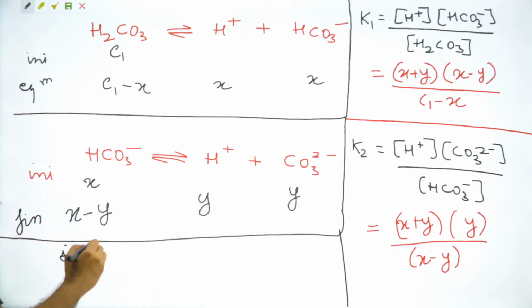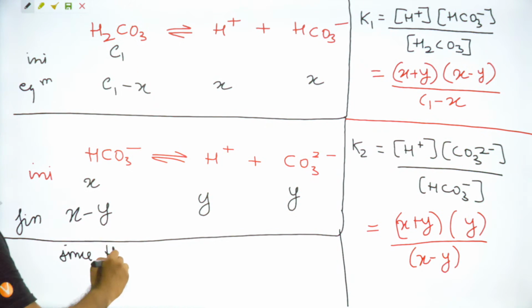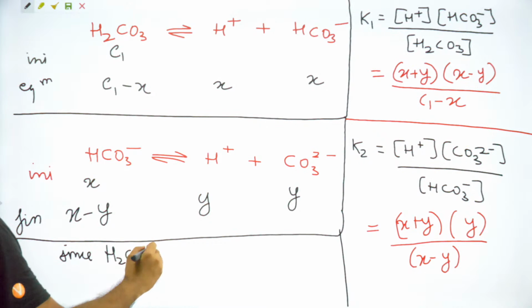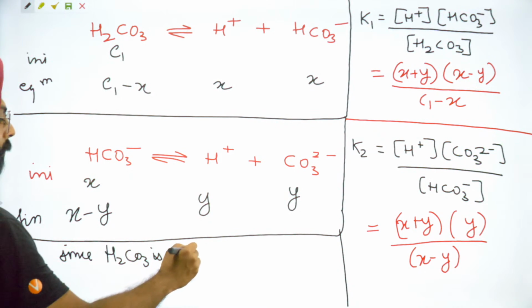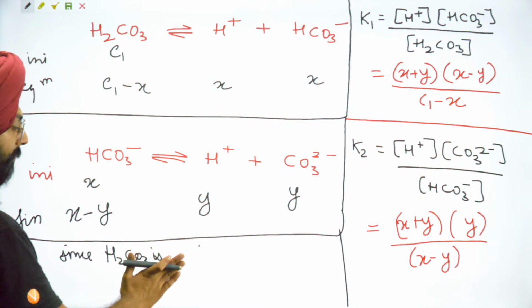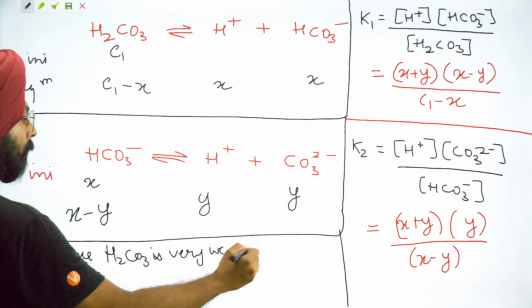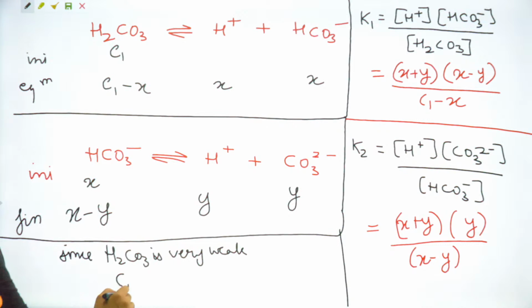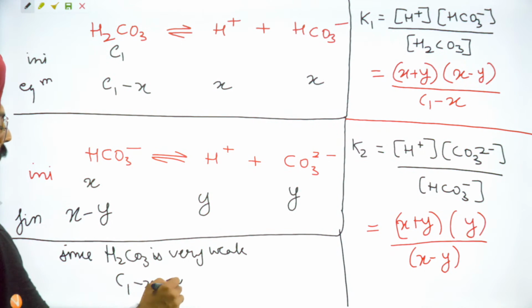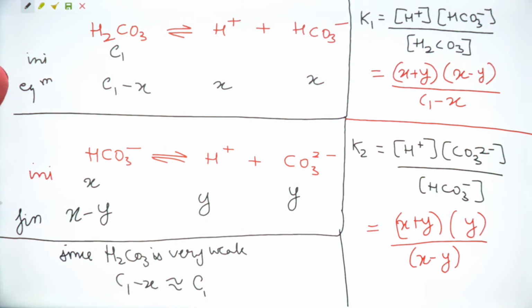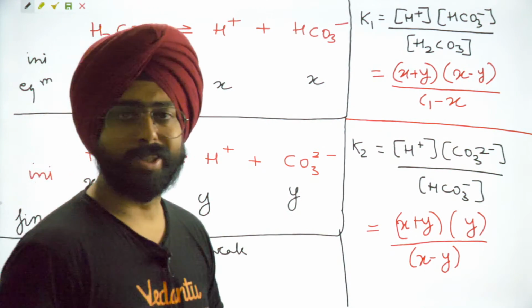since H2CO3 is weak, okay, or I should say very weak, can I say C1 minus X is approximately equal to C1? बोल सकता हूँ ना.